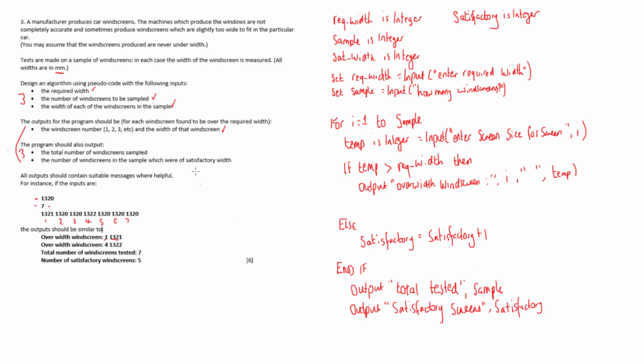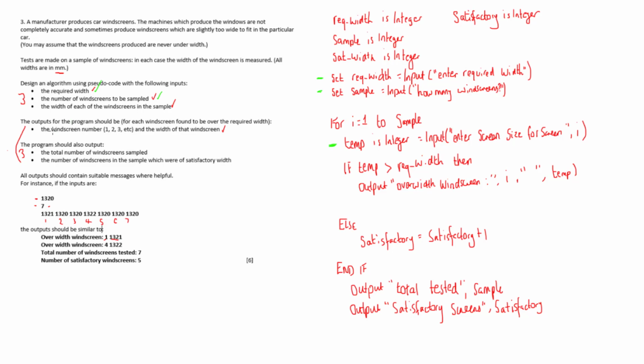Okay, let me just double check that because it seemed very straightforward. So, design an algorithm. Let's just double check. Okay. So input the required width. Yes, we've done that. Number of windscreens to be sampled. Yeah, we've done that. The width of each windscreen, which is here. So we've done those 3 inputs there.